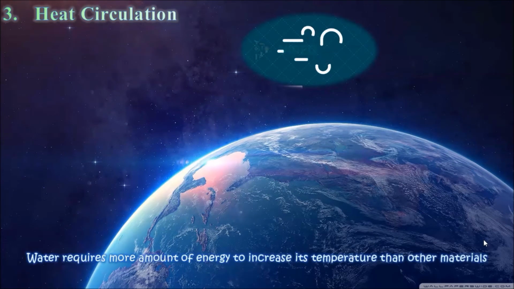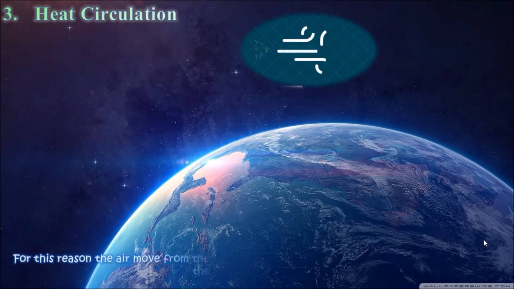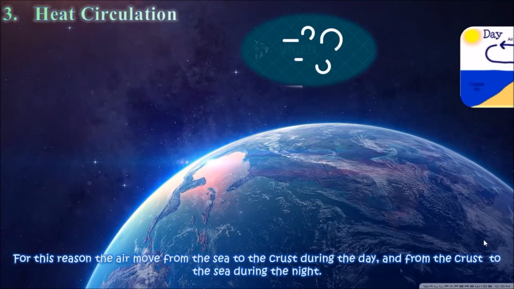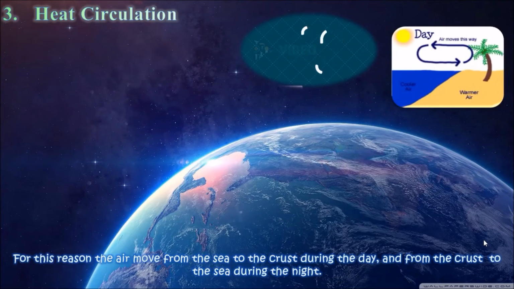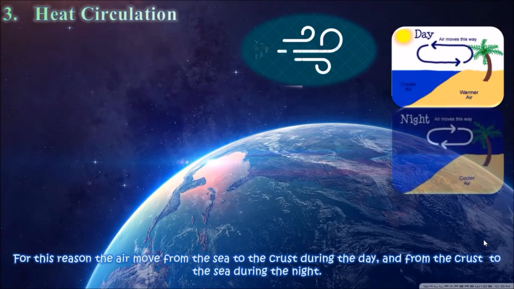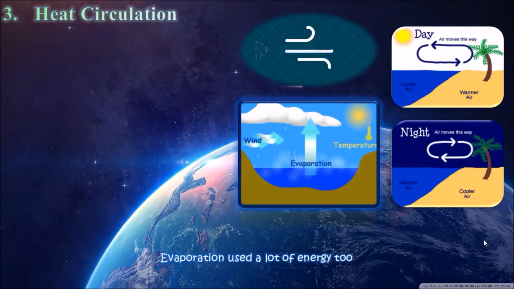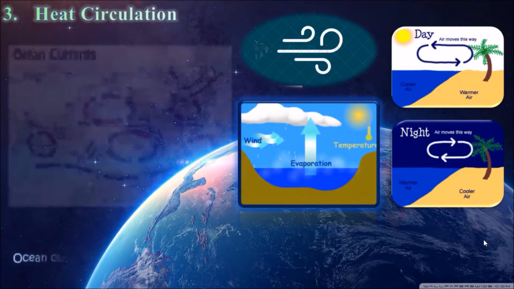Water requires a greater amount of energy to increase its temperature than other materials. For this reason, air moves from the sea to the land during the day and from the land to the sea during the night. Evaporation uses a lot of energy too.